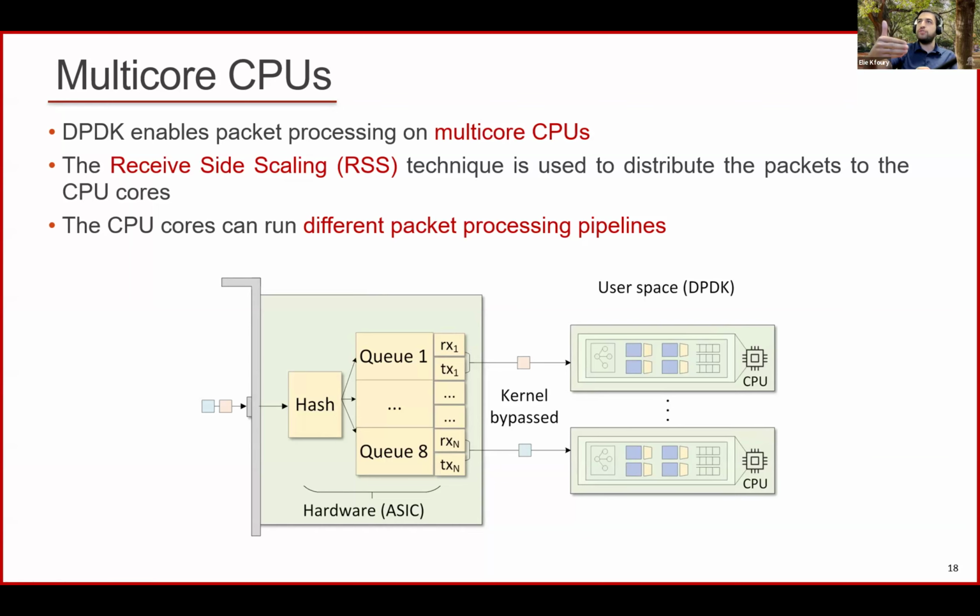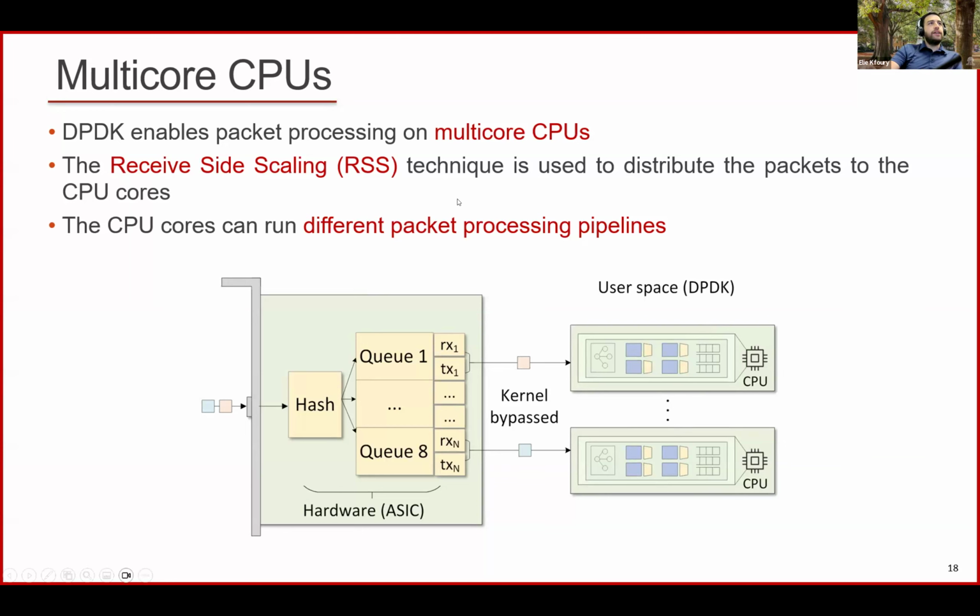That would allow us to have even better performance. And not only that, you can have different types of pipelines of packet execution on these CPU cores. You don't have to have the same one on all the CPU cores. So all of these are techniques, again, just to make the packet processing faster.